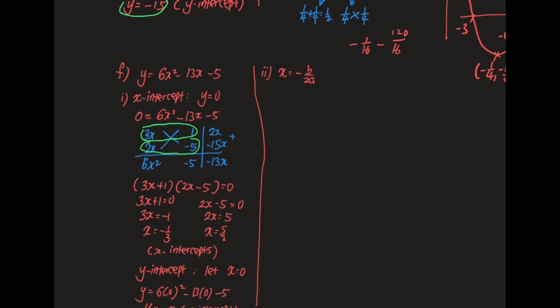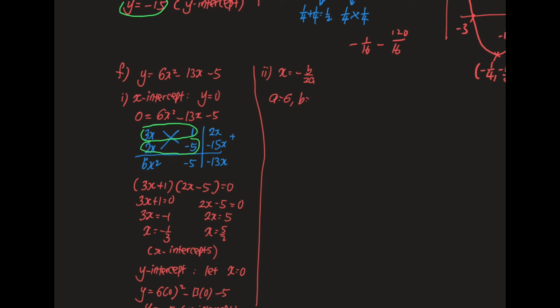Second part is the axis of symmetry, x equal to minus b over 2a. So we know from the function here that a is 6, b is minus 13, c is minus 5.